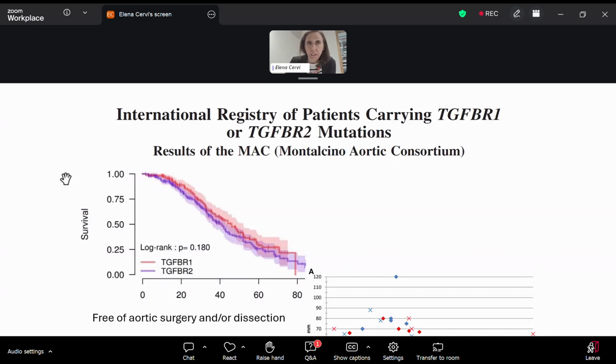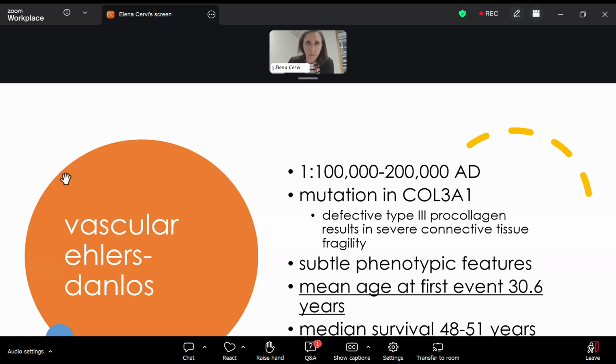And the feeling is that TGF-beta receptor 2, especially in women with a small body size and syndromic features of midline defect, probably confers a much higher risk than other TGF-beta receptor 1 mutations, for example.